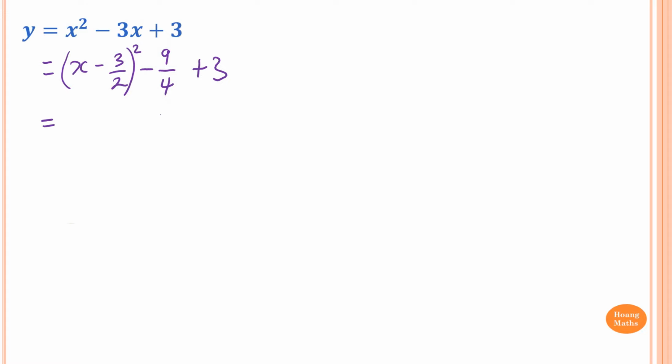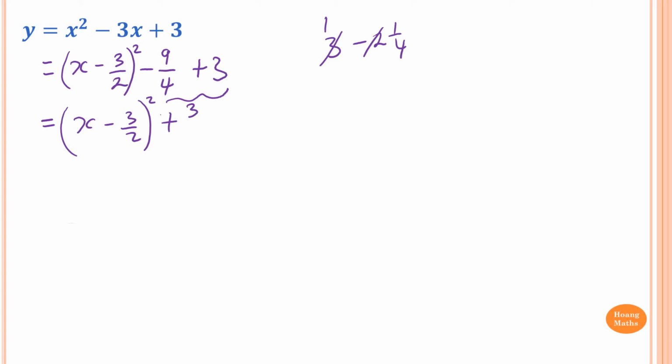So now all I need to do is simplify this first. So which is x minus 3 over 2 squared minus 3 over 4 plus 3. To simplify this, it's exactly the same as 3 minus 9 over 4, which is 2 and a quarter. So 3 minus 2 is 1. 1 minus a quarter is 3/4 left.